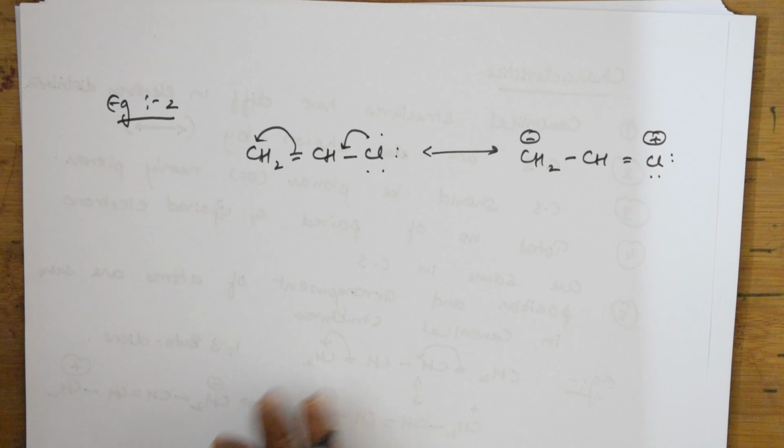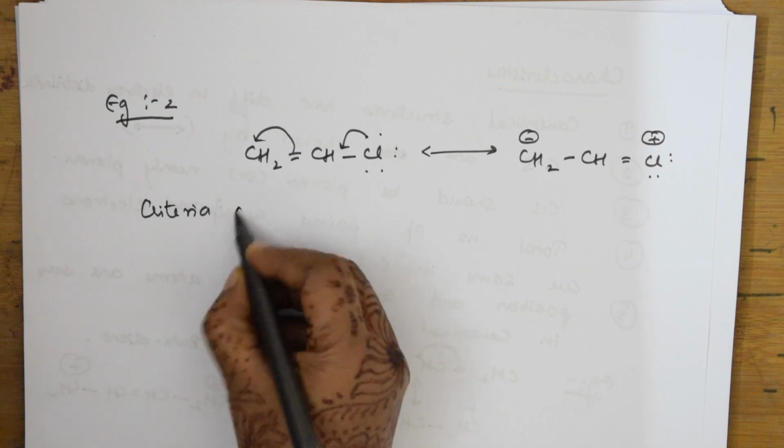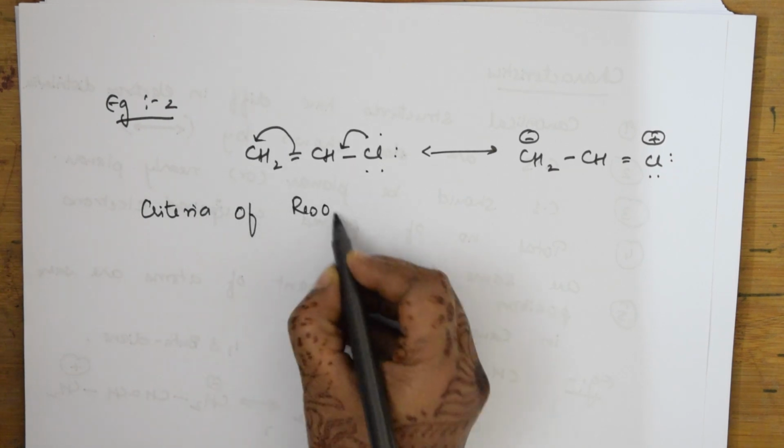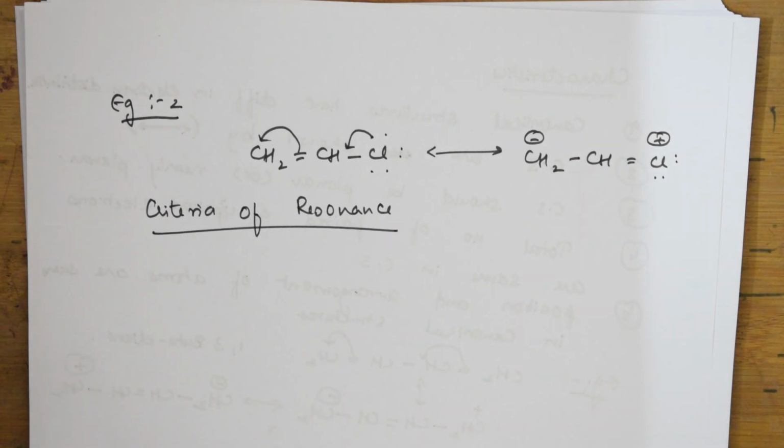Right. So next, what is the criteria for drawing resonance? Let us write the criteria of resonance. What should we remember, what is important for showing resonance? Basically resonance changes bond length, correct?